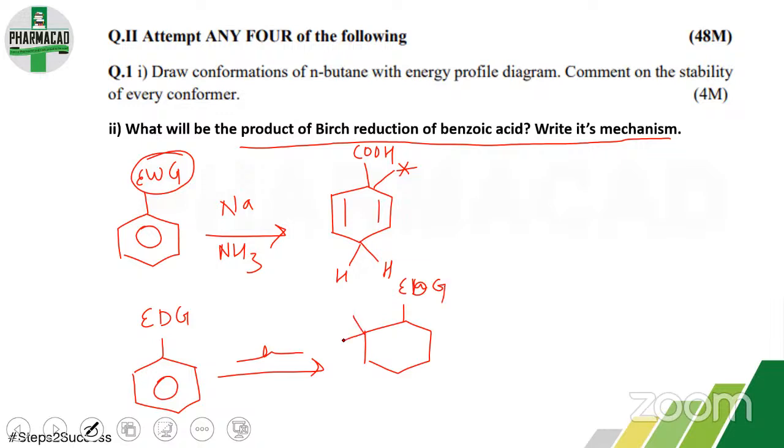On para position and on meta position. Okay, remember, withdrawing group, we will get protonation on ipso position and para position. Donating group, we will get reduction at para position and meta position.